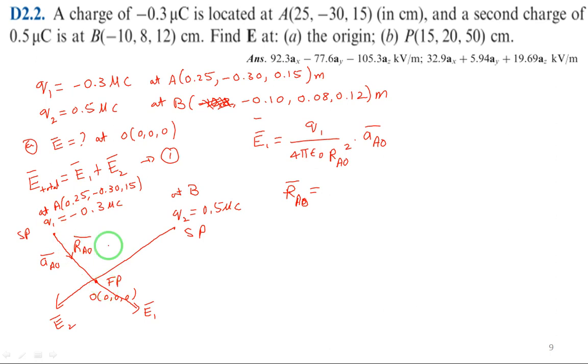RA to O, if I make use of the distance vector, I will be getting minus 0.25 AX minus 0.30 AY.